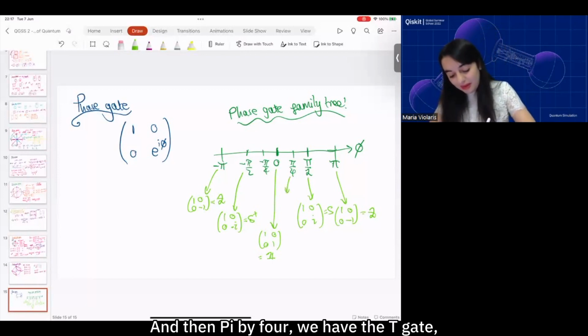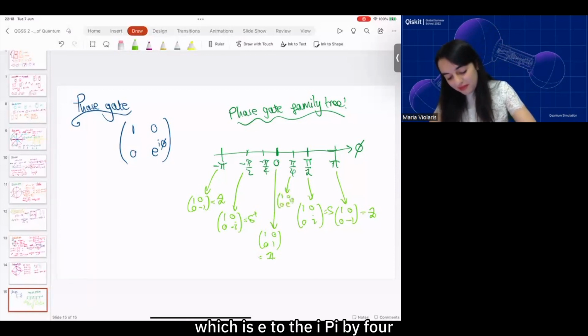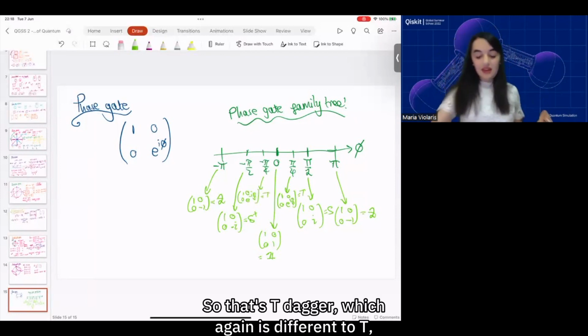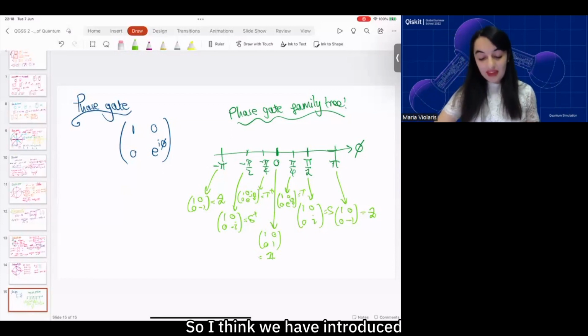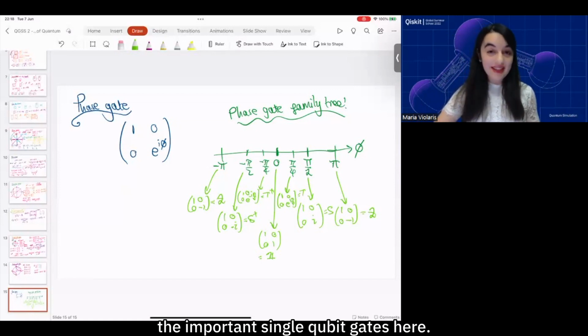And then pi by 4, we have the T gate, which is e to the i pi by 4, and e to the minus i pi by 4 is T dagger, which again is different to T. T is not its own inverse. So I think we have introduced the important single qubit gates here.